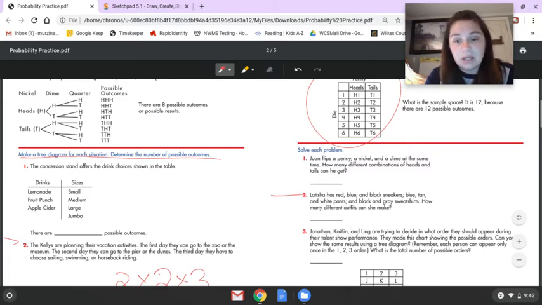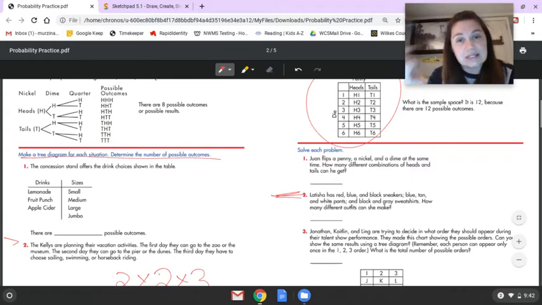But for number 2 down here, it says Letitia has red, blue, and black sneakers, blue, tan, and white pants, and black and gray sweatshirts. How many different outfits can she make? Well, that's just asking how many possible outcomes she can come up with for the sneakers, the pants, and the shirt.